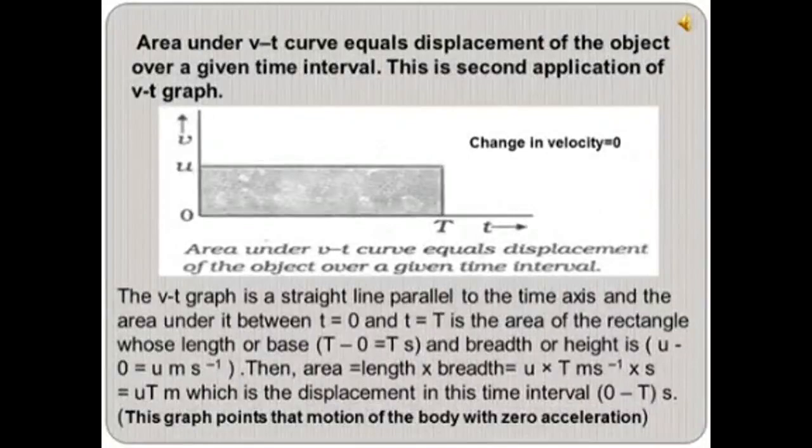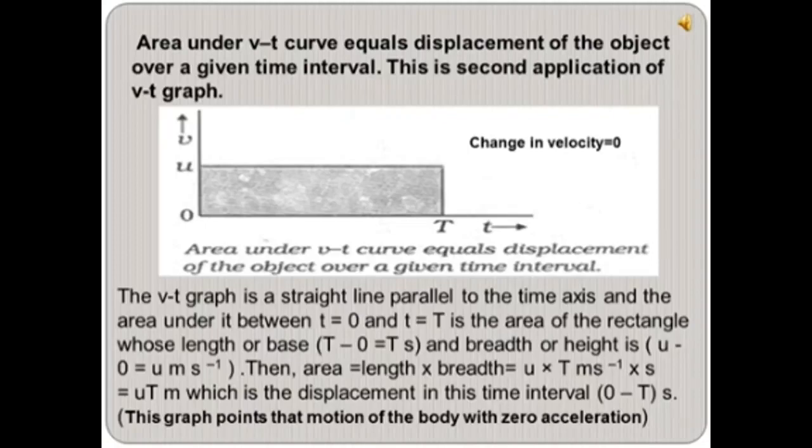Let us see the second application of velocity time graph. Area under velocity time graph gives displacement of the object over the corresponding time interval. This is the second application of velocity time graph.